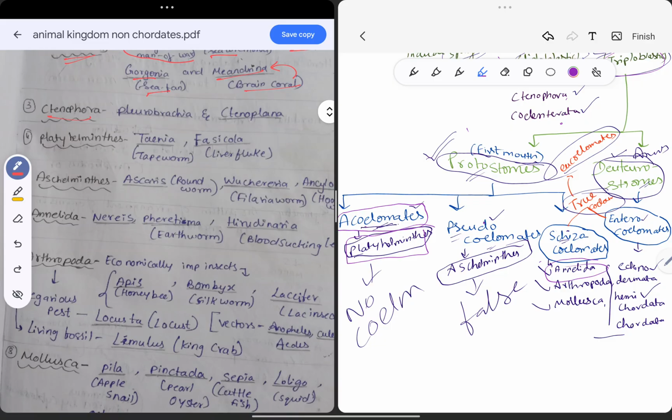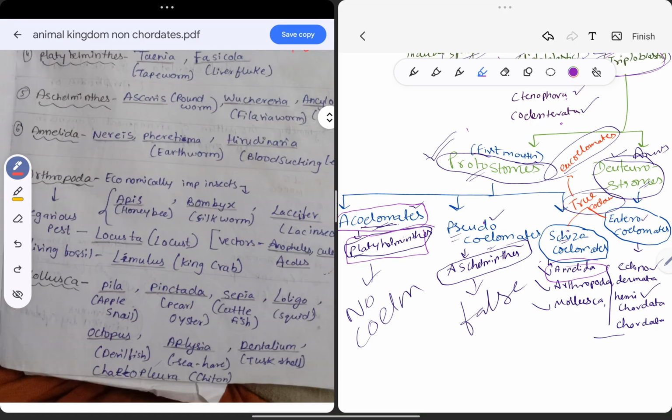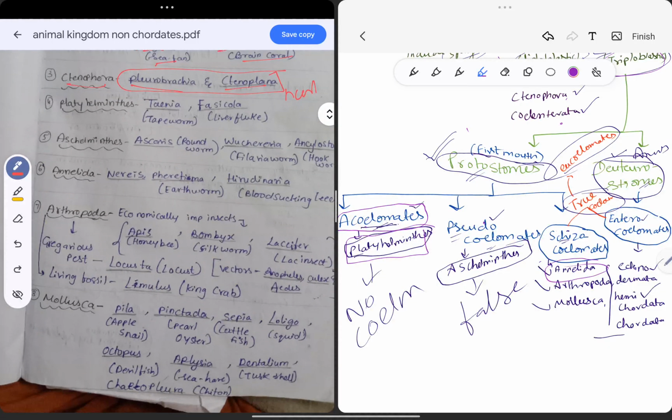In Ctenophora, there are two examples, Pleurobrachia and Ctenoplana. Only the scientific names are mentioned according to NCERT, and no common names are given for Ctenophora. The next one is Platyhelminthes, which has Taenia and Fasciola. Taenia's common name is tapeworm, and Fasciola's common name is liver fluke.